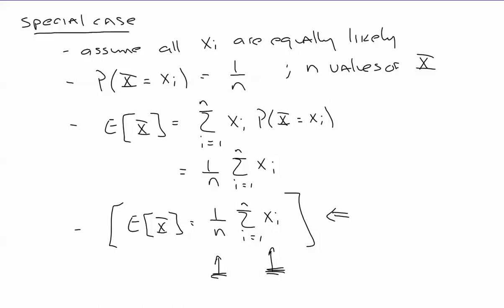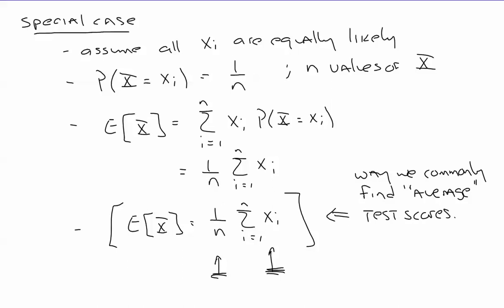You will probably have seen this, the way we commonly find, in quotes, average test scores. Really what you found is the mean of a discrete random variable, the random variable meaning the scores of the students on a particular test. So this should look familiar to you.